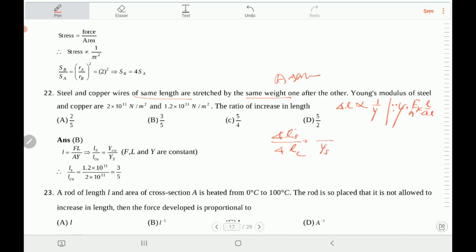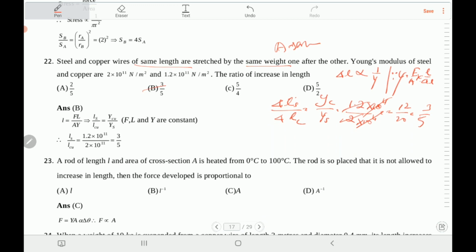So Y of S in the denominator, Y of C in the numerator: Y of C, copper, 1.2 into 10 power 11, divided by 2 into 10 power 11. 10 power 11 cancels, this is 1.2 by 2, 0.6, or you can write 12 divided by 20. 12 by 20, 4 common factor, 4 3s are 12, 4 5s are 20. So it is 3:5. Option B.